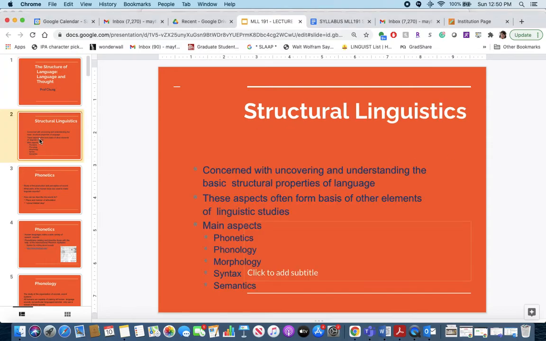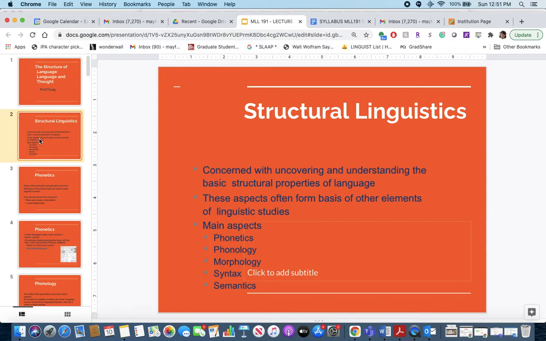Talking about structural linguistics, we're really talking about uncovering the understanding of the basic structural units. So if you were to take a language and parse it into different components, what would you say? You would say, okay, well, language comprises different ways of talking, different ways of saying things.